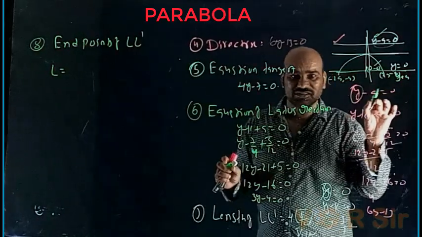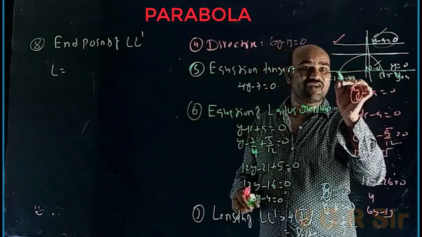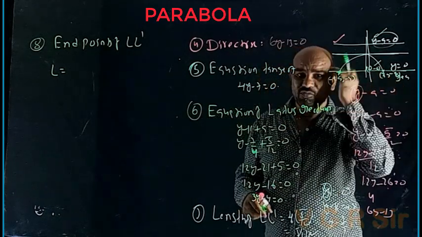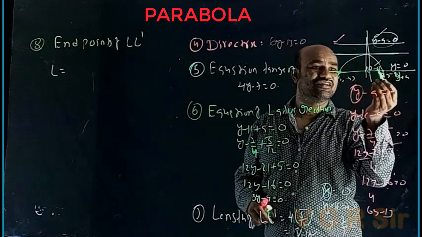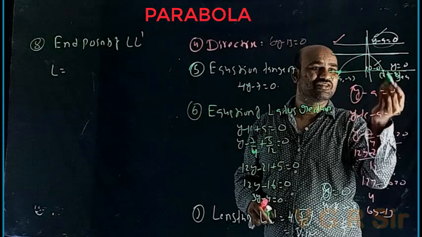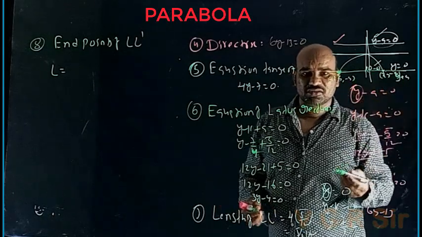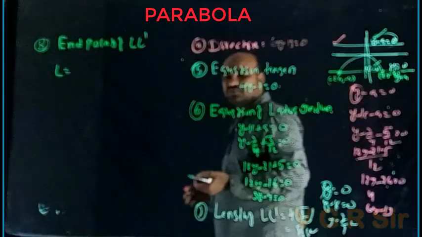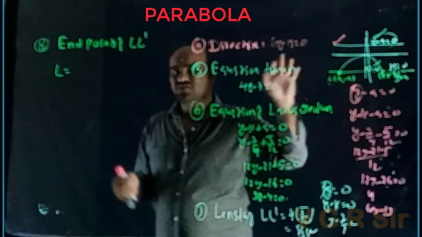You can write everything. So actually, what I want to find are the endpoints of the latus rectum. Means I want the actual coordinates of these two. No need to memorize. This is a horizontal line. 0 comma minus a means something comma minus a. Just substitute 2a comma minus a and minus 2a comma minus a. Enough. No need to memorize any formula or any results. By using the basic graph only, you can do anything.